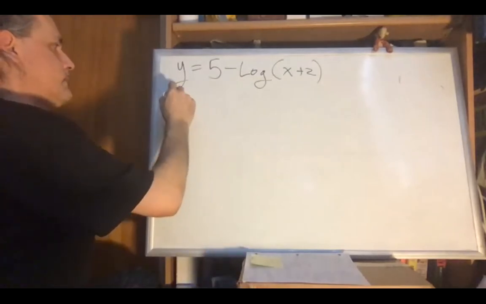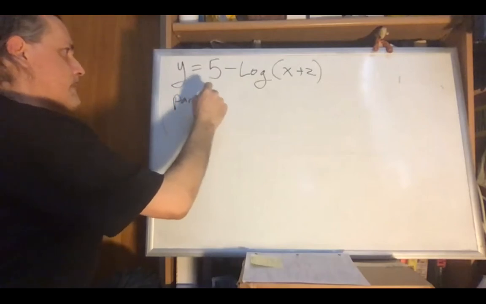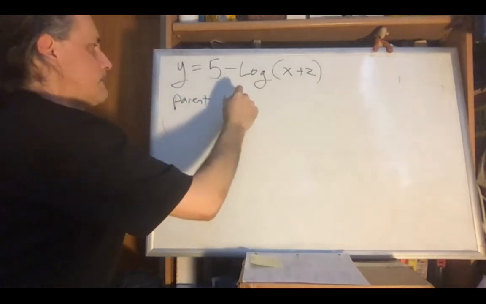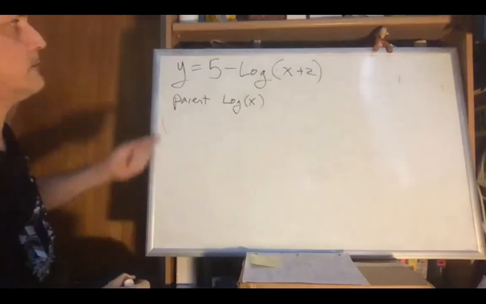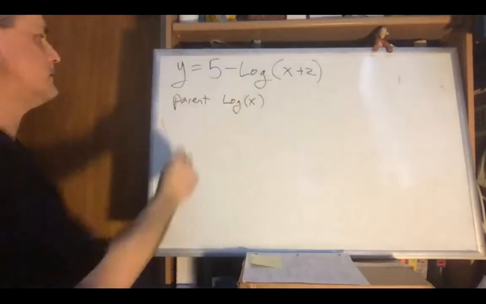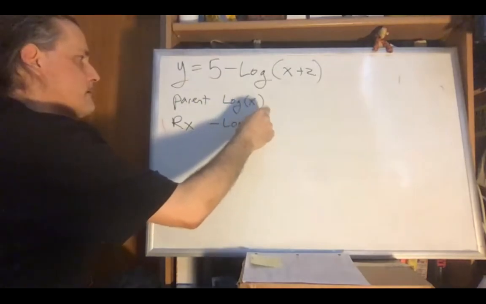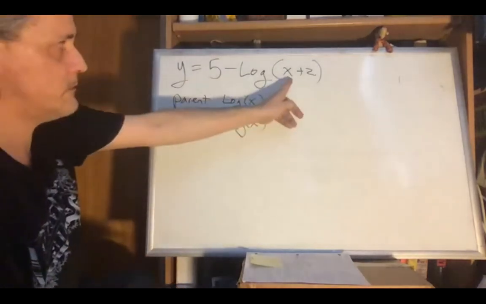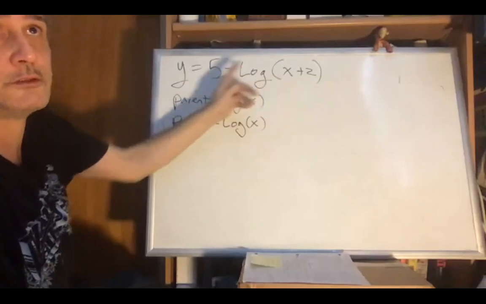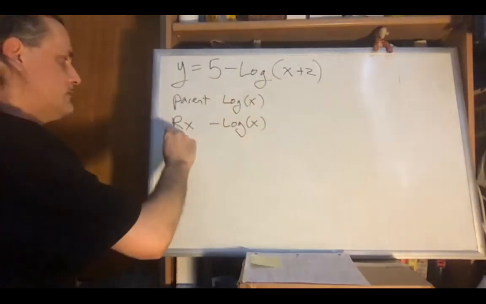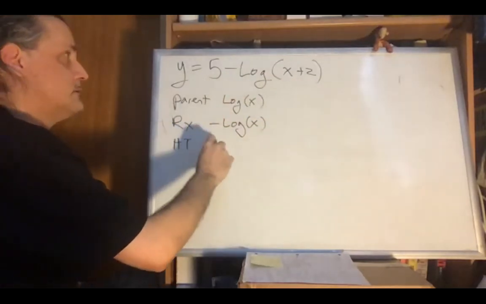All right, so the parent. Okay, and then we're changing the sign of the log, so that's reflection across the x. And then you can either do horizontal translation first or vertical translation first. I'll do the horizontal translation first.